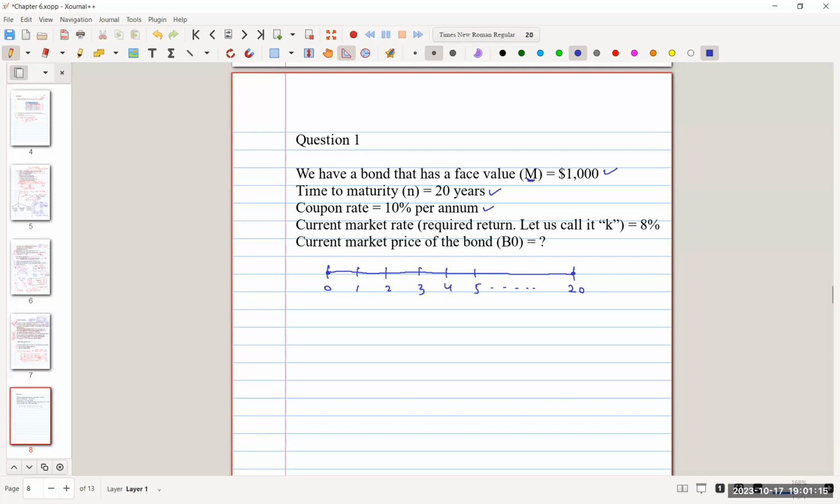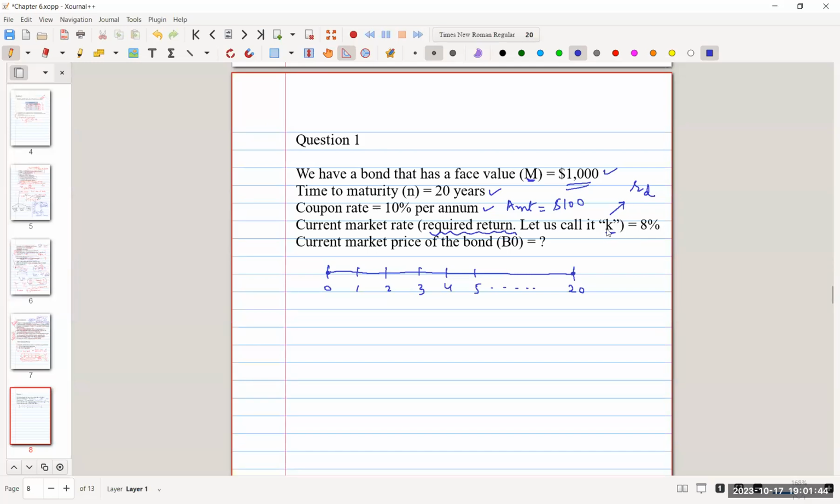Coupon rate is 10%, which means the coupon amount in dollars is 10% of 1,000, that's $100. And then the current market rate, also known as the required return. I'm just calling it K. I think in your textbook, this is referred to as R with a subscript of D, RD. So call it A, B, C, D, R, whatever.